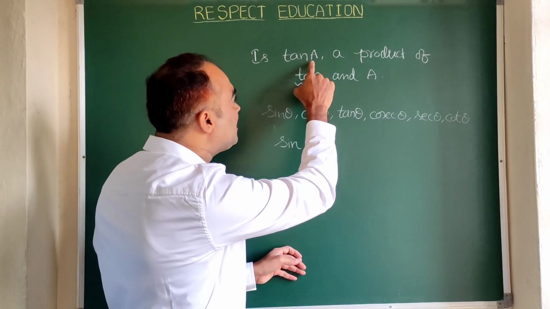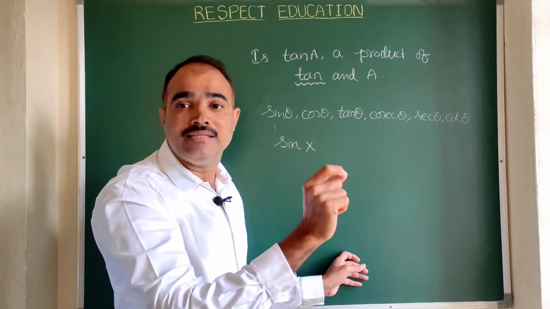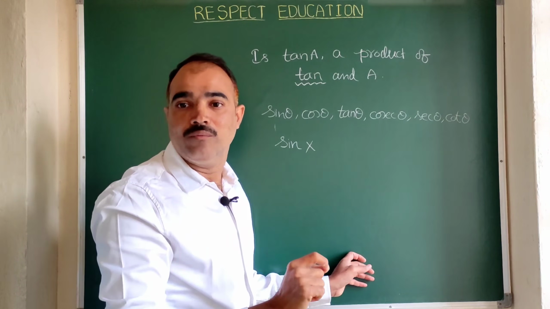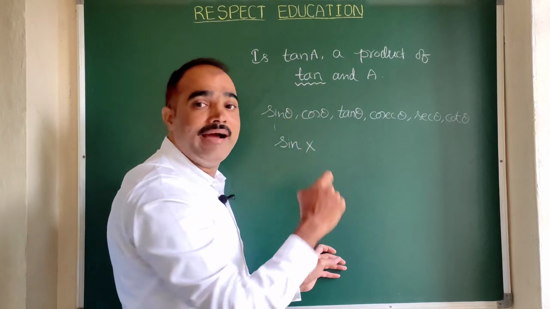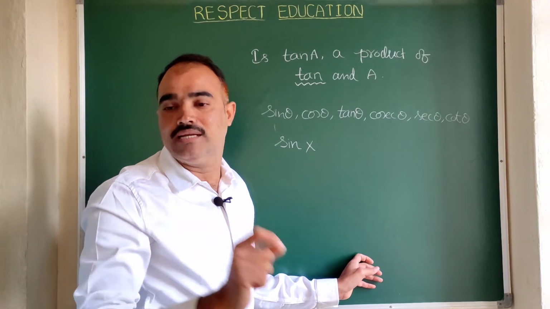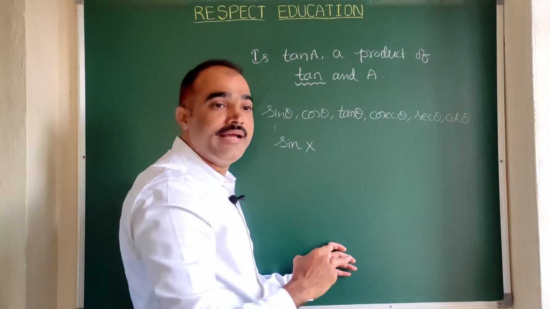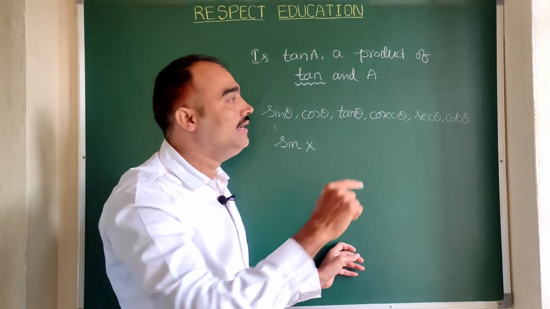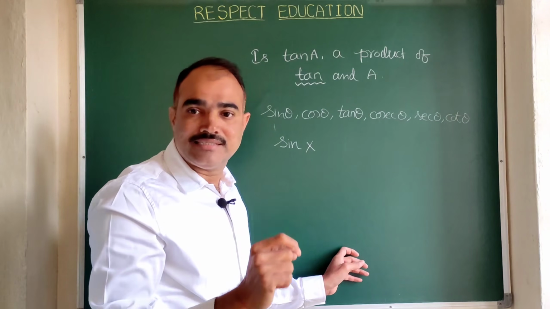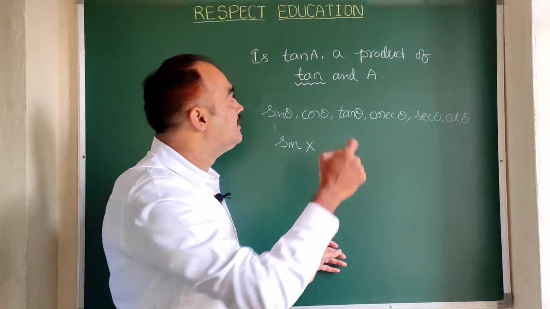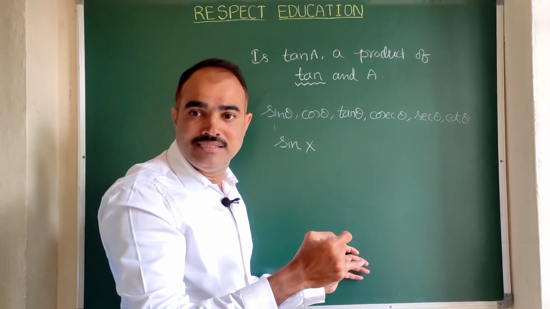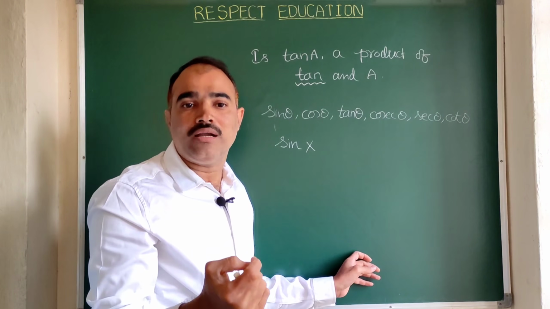For example, if A is 0, then tan 0 is 0. Suppose you write 30, tan 30 is 1 by root 3. If you write 45, tan 45 is 1. If you write 60, tan 60 is root 3. Same here 90, tan 90 is infinity, not defined.